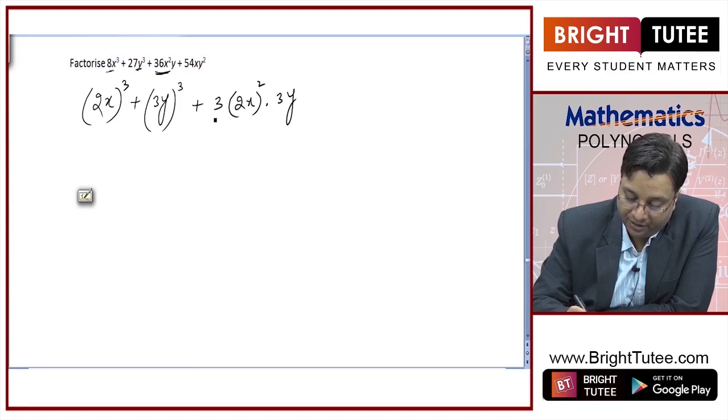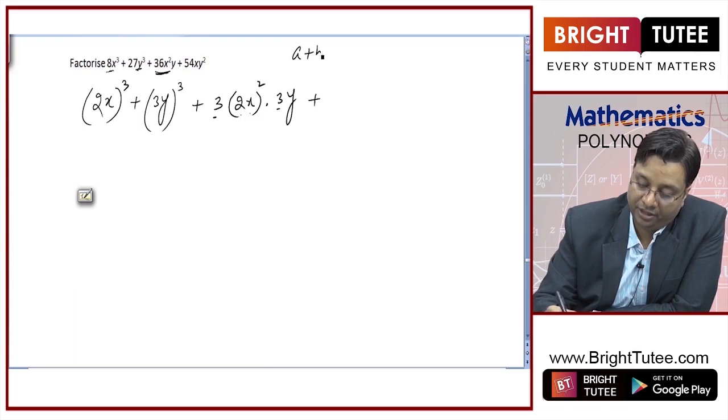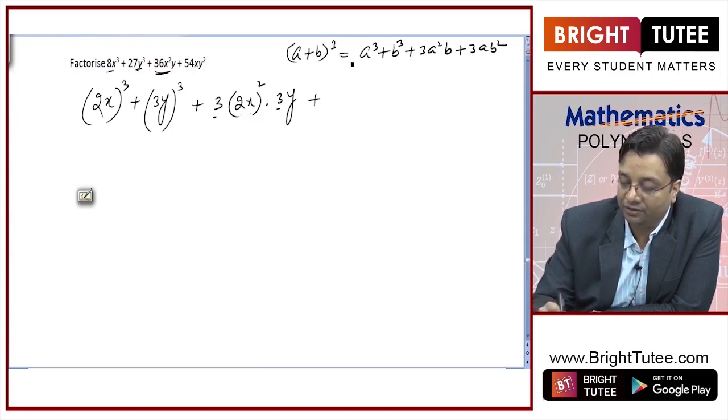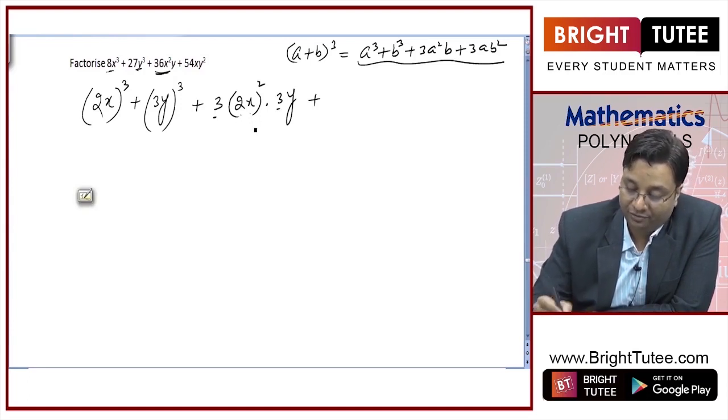Let us see. 3 into 4 will be 12, 12 into 3 will be 36 and x square into y. Why am I writing in this form? Because I want the formula for a plus b whole cube. What was the formula? a cube plus b cube plus 3a square b plus 3ab square. This was one of the ways we can write this formula. So I am trying to bring it in that form.